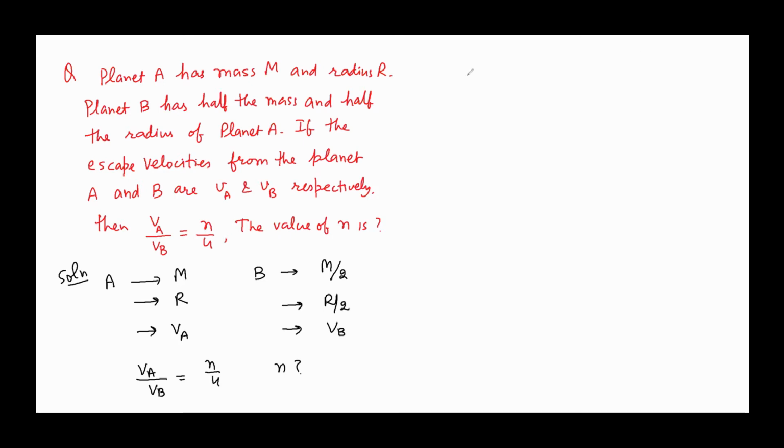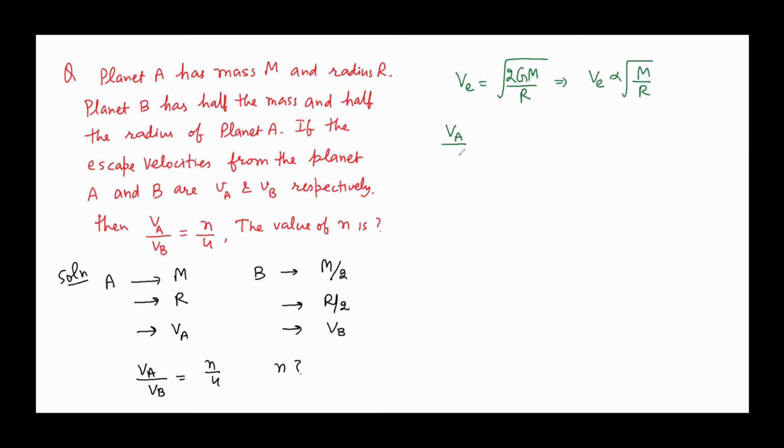The expression for escape velocity is root of 2GM by r. This implies escape velocity is directly proportional to root of m by r.